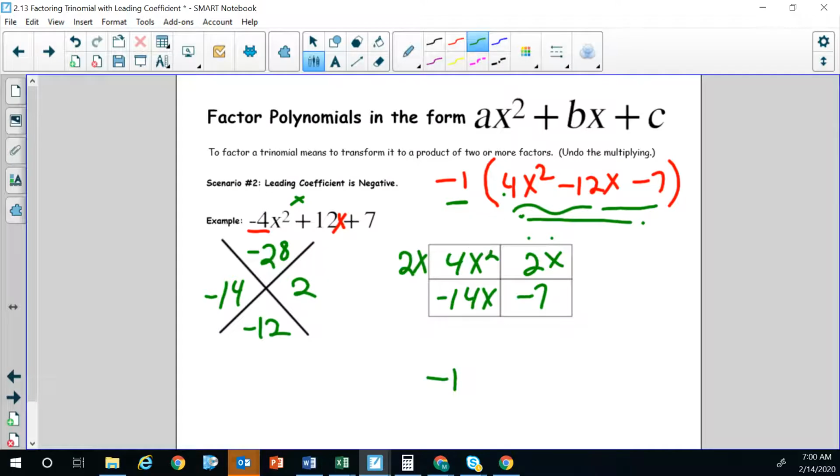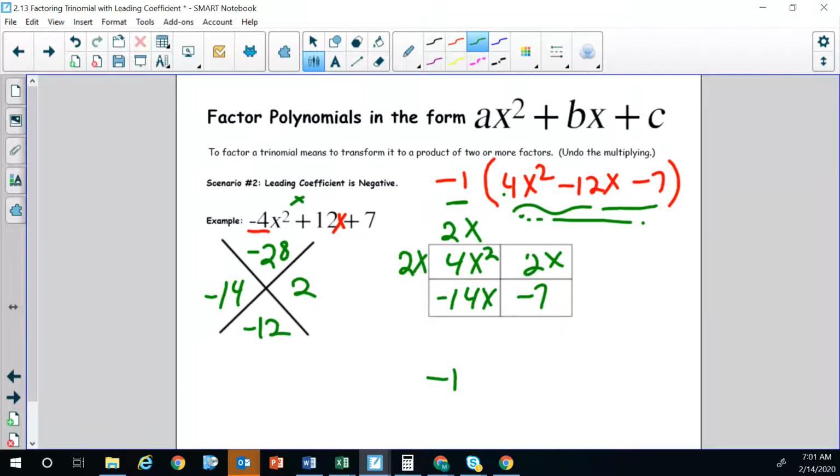Sorry about that, this should be 2 right here. So let's look at the column now. I have a 4x squared and a -14x. The highest common factor between 4 and -14 is 2, and between x squared and x, the highest factor is x. All right, so that's 2x.